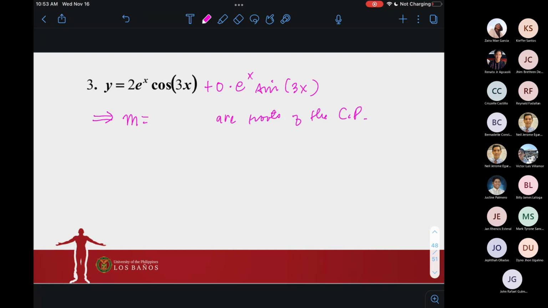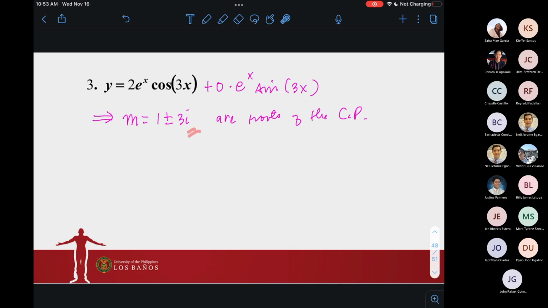Tama. So ibig sabihin si 1 plus or minus 3i ay root ng ating characteristic polynomial. Saan nanggaling si 1? Si 1, yung real part, siya yung multiplier sa exponent. Kaya tayo nagka-1 doon kasi 1x yung exponent ni e. Tapos yung 3, nanggaling siya dun sa multiplier dun sa loob ni cosine, siya yung imaginary part.